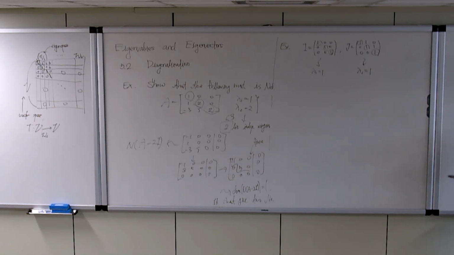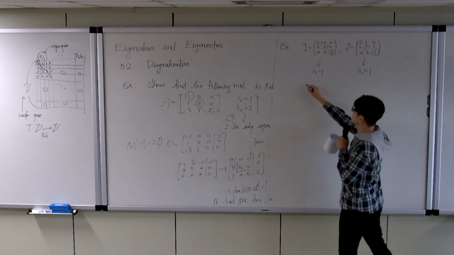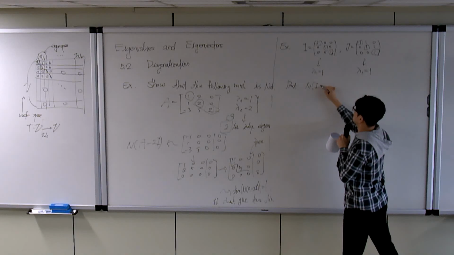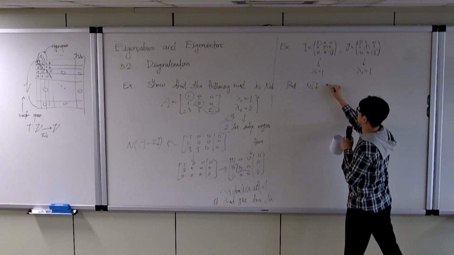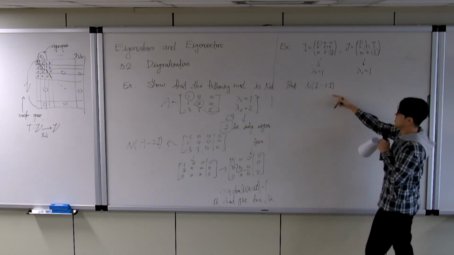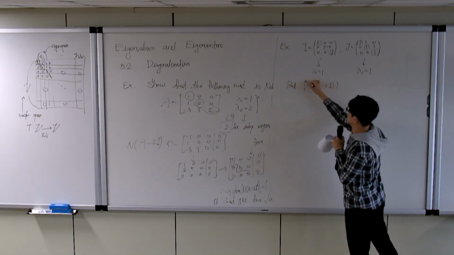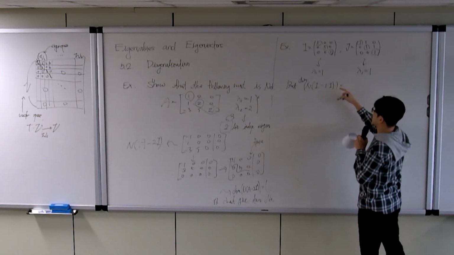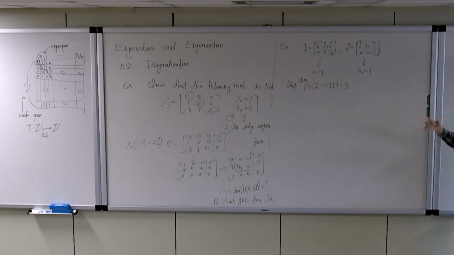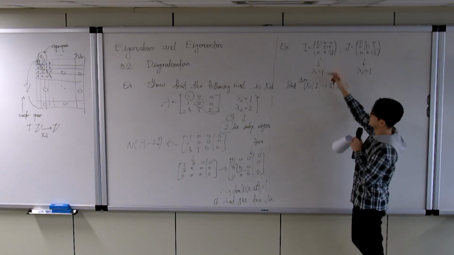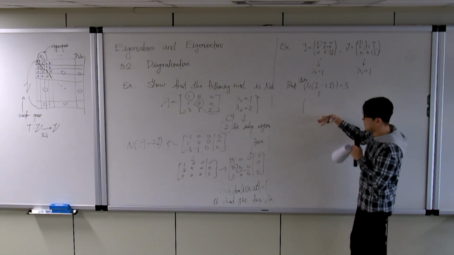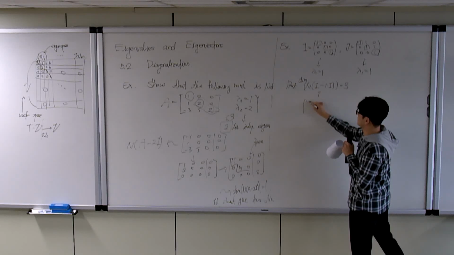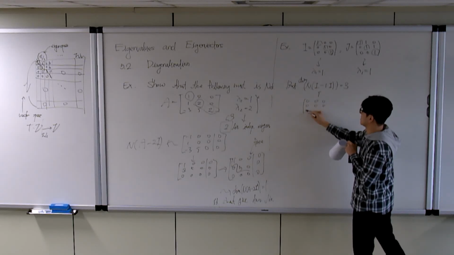So the solution will be spanned by the vector 1, 0, 0, satisfying this linear system. That means the dimension of the null space is 1. So you can find the difference in the dimension of the null space between the matrices I and J. So the J matrix cannot be diagonalized.